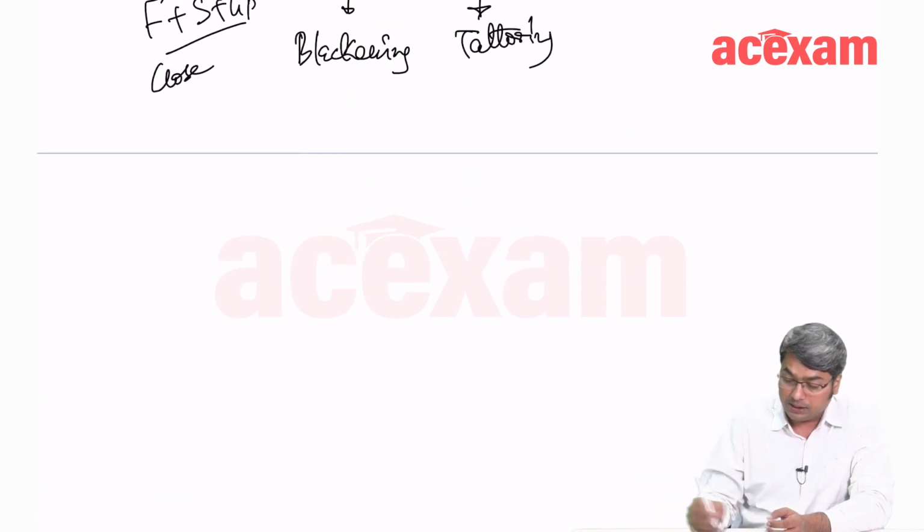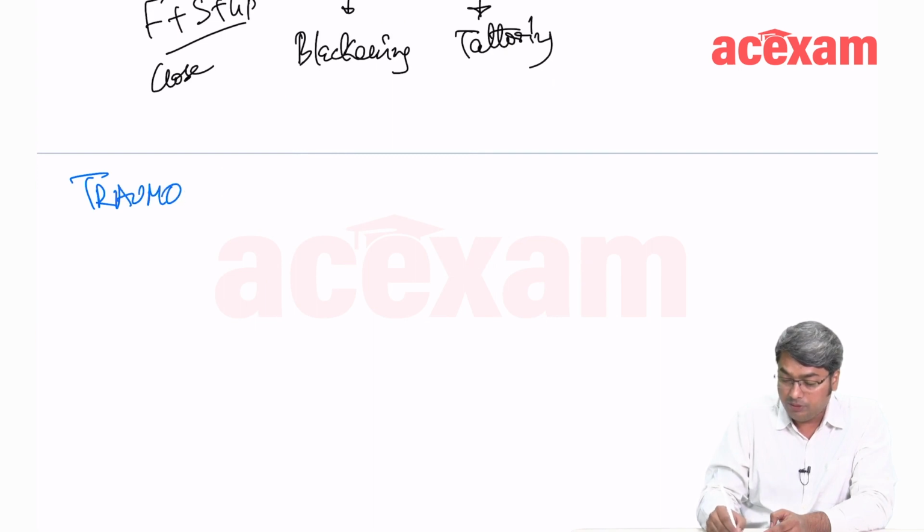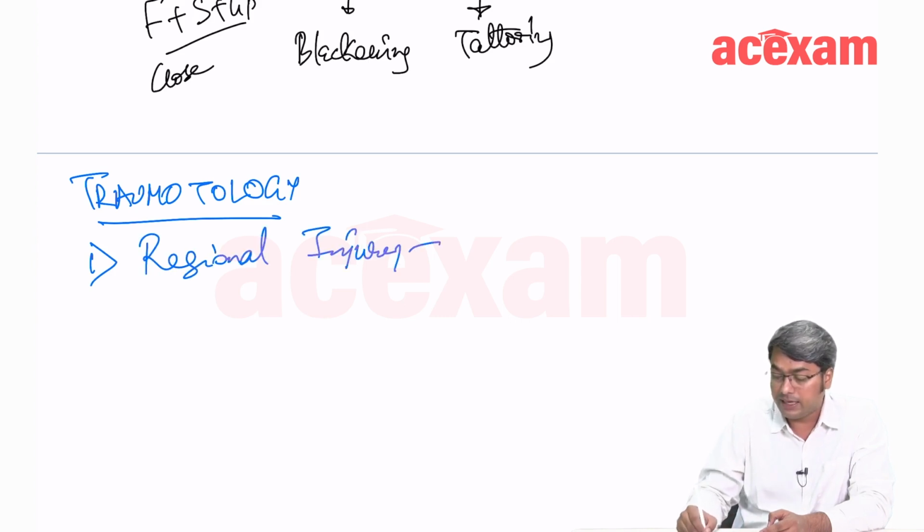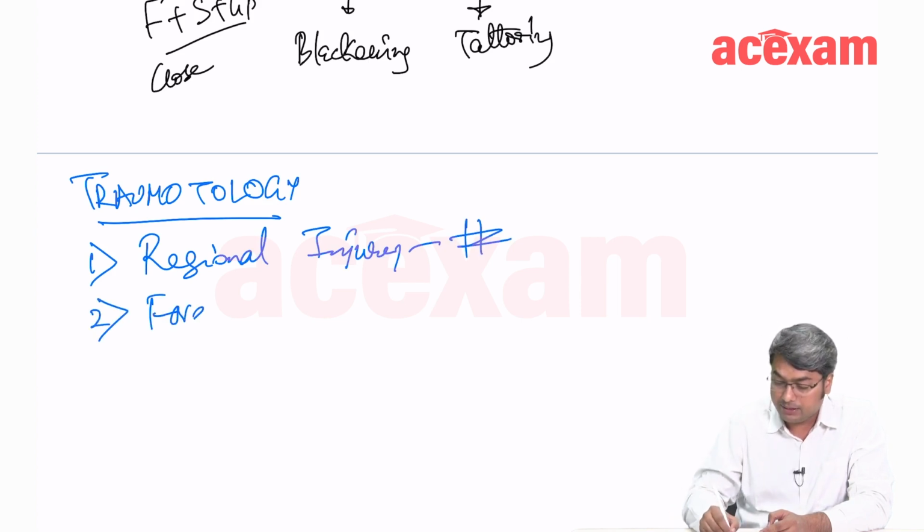So, from this discussion we can understand that the main topics in traumatology from which questions have recently been asked in all these exams are regional injury, specifically the fractures. Okay. Next is forensic ballistics.